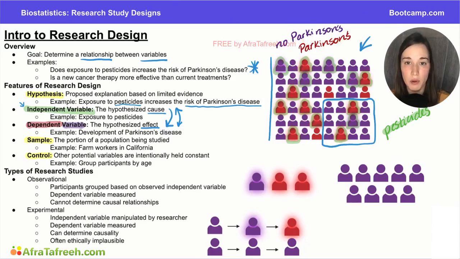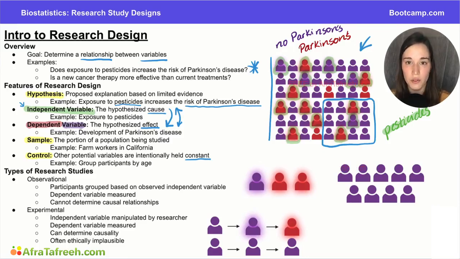Which brings us to the next point of control. In a well-controlled study, all other potential variables are intentionally held constant so that you are only studying the relationship between your independent variable and your dependent variable. So, for example, we know that Parkinson's disease is diagnosed more often in older age.